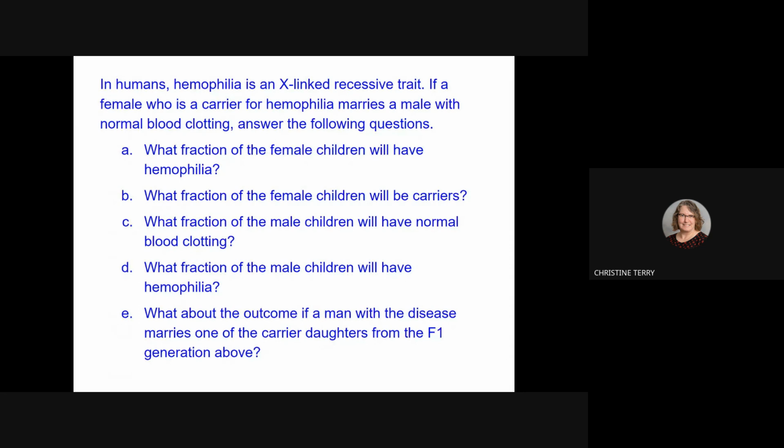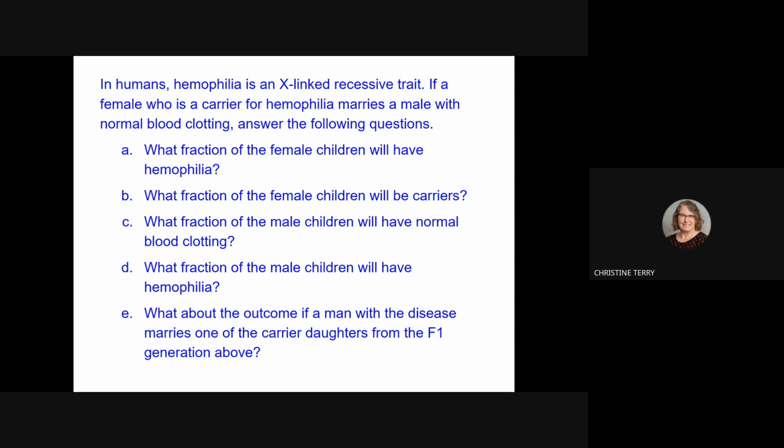So if the question is, what fraction of the male children will have normal clotting? Well, the ones that have the dominant allele, right? And then the next question, what fraction of the male children will have hemophilia? Well, still 1/2.